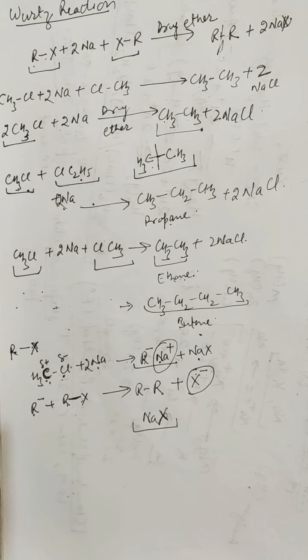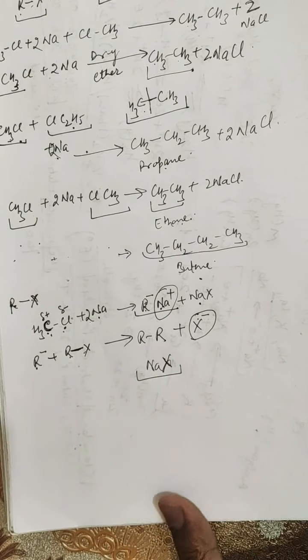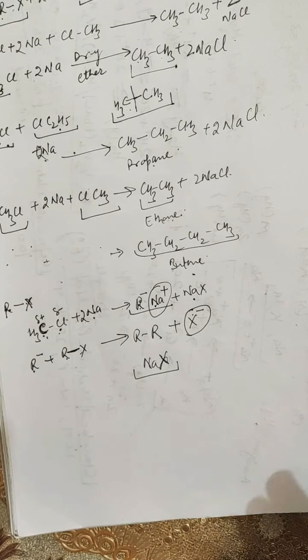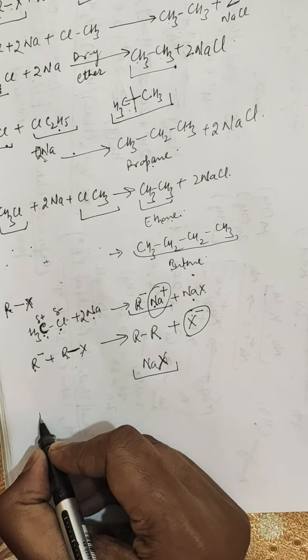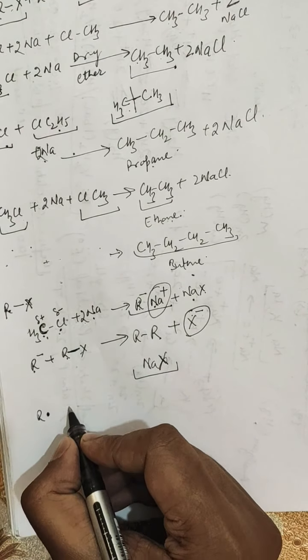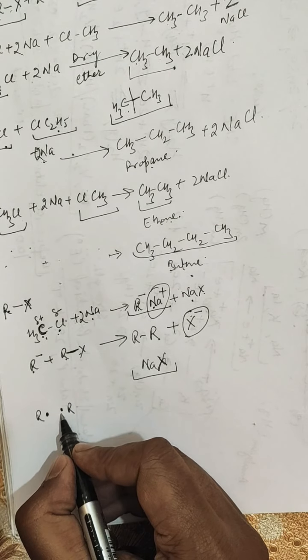And the second mechanism is the free radical mechanism. In free radical mechanism, first of all you must remember that earlier I told you that the free radicals are odd electron species. They have an unpaired electron.